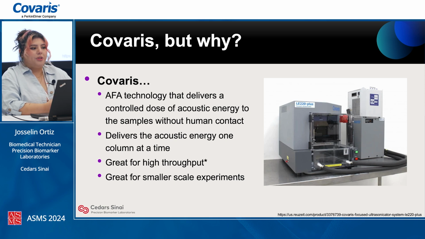We're a group that does a lot of high throughput work. But this being our first go around of using this system to lyse our cells and tissue, we knew we were going to have to do a lot of experimentation. So we really needed a system that could do high throughput, like a whole plate of 96 samples, but we also needed to do a lot of smaller scale experiments to fine tune our workflows.